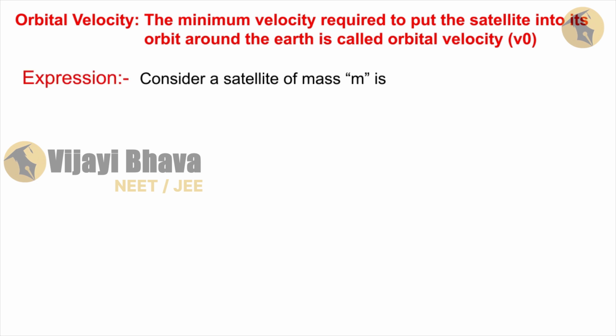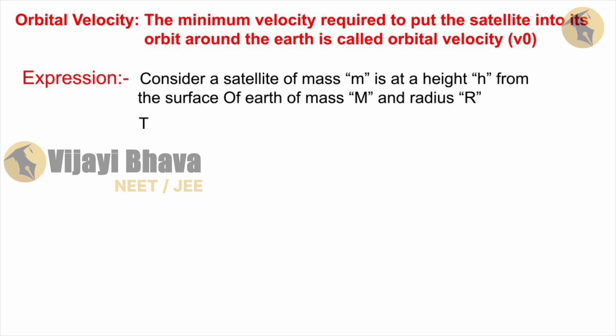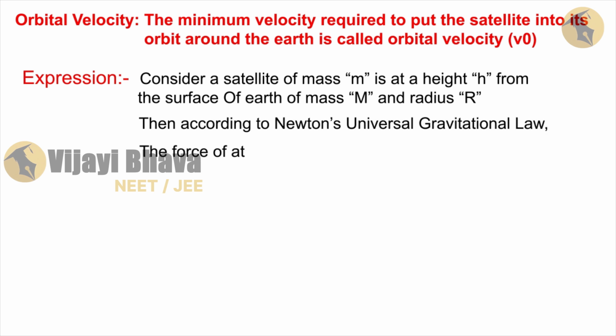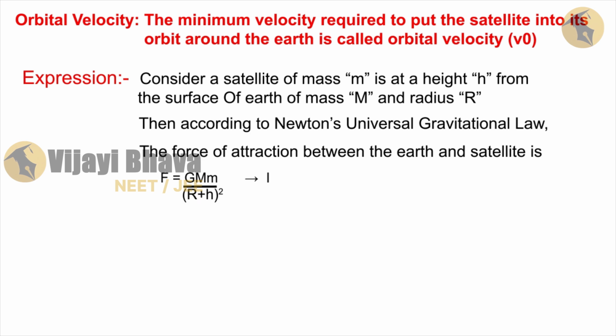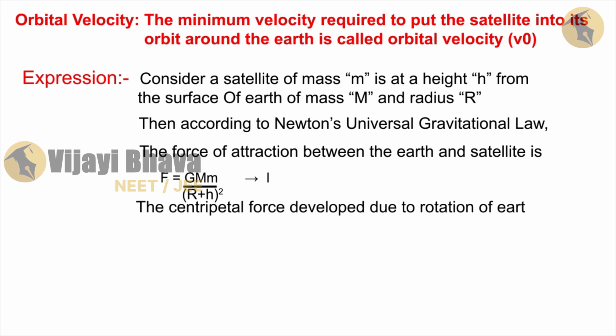Consider a satellite of mass m at a height h from the surface of Earth of mass M and radius R. According to Newton's universal gravitational law, the force of attraction between the Earth and satellite is F = GMm/(R+h)². Let this be equation 1. The centripetal force developed due to rotation is F = mVo²/(R+h). Let this be equation 2.